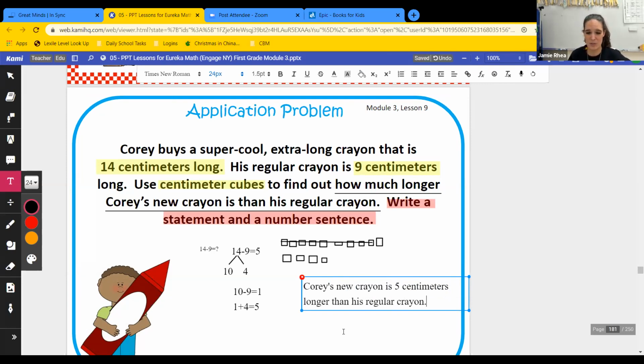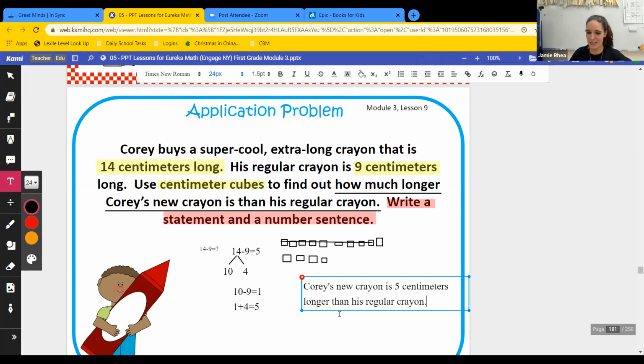It asked us to write a number statement. Did we write a statement? Yeah, because we said Corey's new crown is 5 centimeters longer than his regular crown. Did we make a number sentence? Yep, right here. And look, we even showed different ways to do it. Now, did we find out how much longer Corey's new crown is than his regular crown? Yes, we did. We determined it was 5 centimeters longer.